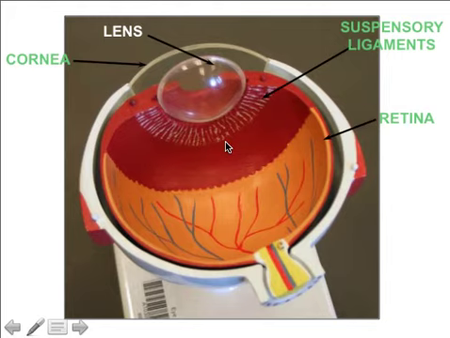Okay, so there's three tunics in the eye. Don't forget, the neural tunic is the innermost, the vascular tunic is the next most superficial, and the fibrous tunic, which is made up of the cornea and the sclera, is the most superficial. And again, you can see the optic nerve and the optic disc right here.